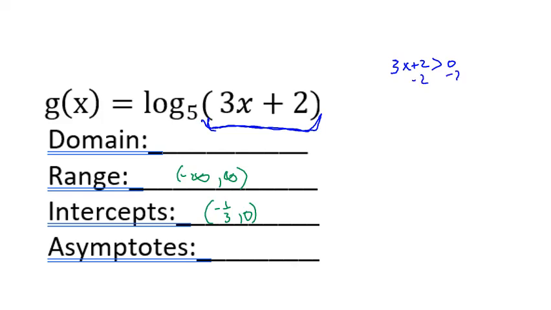We subtract 2 from both sides to get x by itself. So 3x has to be greater than negative 2. If we divide both sides by 3, we end up with x has to be greater than negative 2/3. So in other words, our domain is from negative 2/3 to infinity, and our asymptote will be where x is equal to negative 2/3.